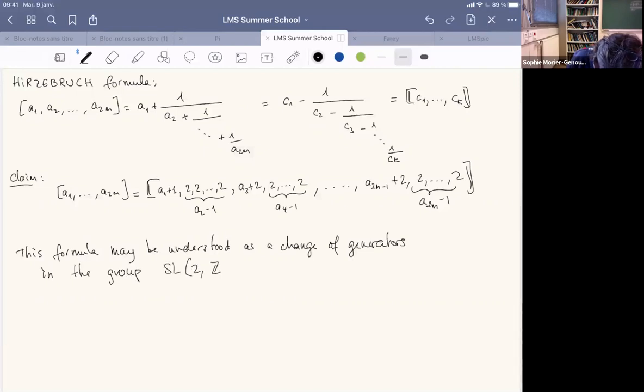So the group of 2 by 2 matrices with determinant 1 and with integer entries. The problem of conversion of fractions is the same as the problem of change of generators.